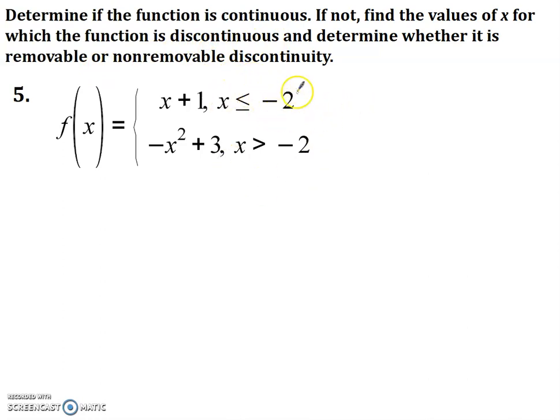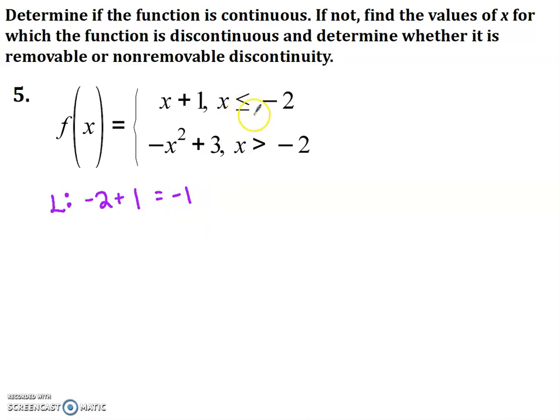Okay, so what you do to figure that out is you look at the inequality. So this is x is less than or equal to -2 and x is greater than -2. What we're going to do is look at what value we get coming from the left, so that would be the less than inequality. So I'm going to take this equation here, plug in -2 for my x, so the inequality tells us what number to plug into this equation. So -2 plus 1, that's -1.